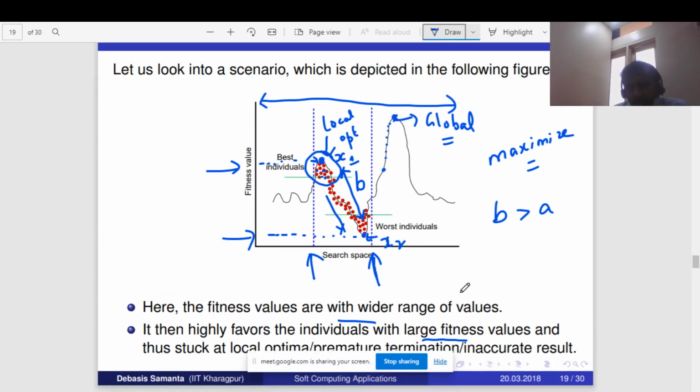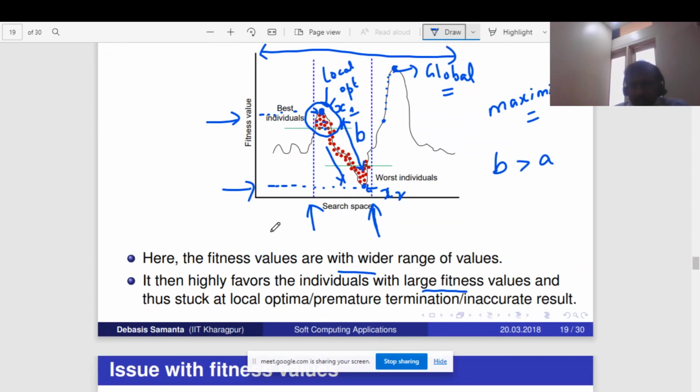So in every round, it will favor the individuals with large fitness value, because these individuals tend to have better fitness value than those individuals. So they will be selected in every round for creating the next generation or for the mating pool. Thus the algorithm will get stuck at local optima, or premature termination, or inaccurate result.